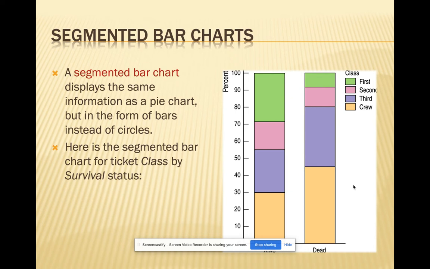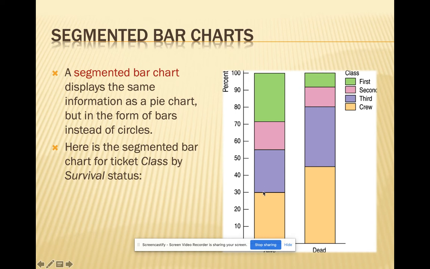So a segmented bar chart is essentially kind of the same thing as a pie chart, but just in a different form. And so here we have a segmented bar chart with the group of people who are alive and the group of people who are dead. And then what you do is you start with one of the categories. So they started with crew and said, okay, 30% of the living were in the crew.